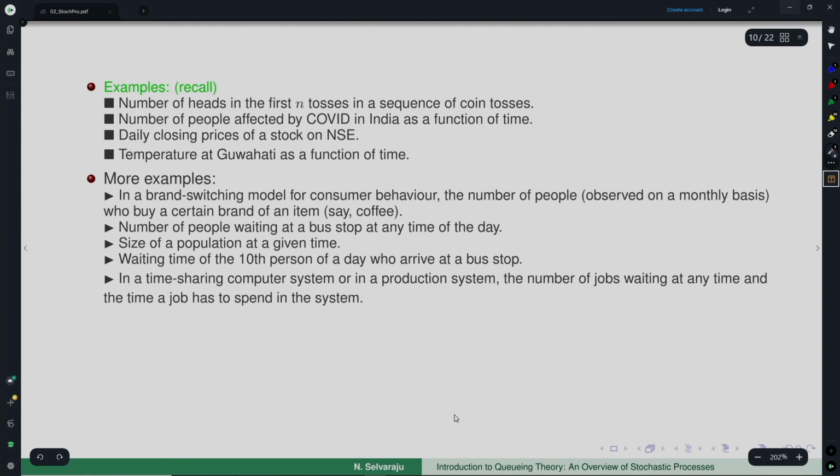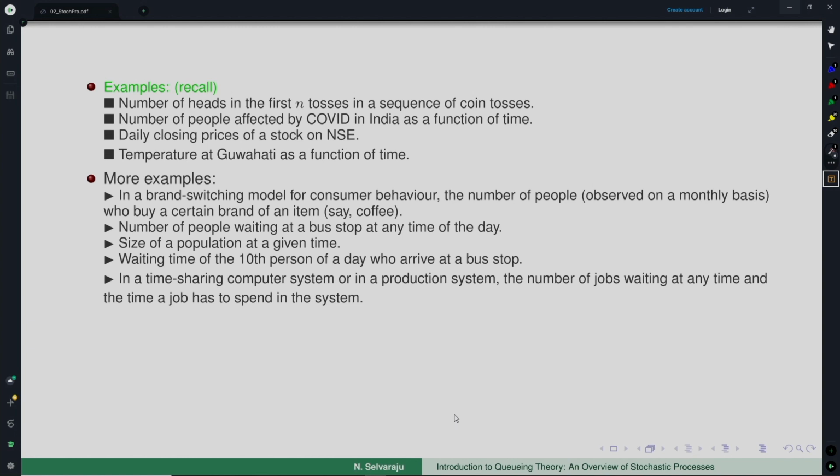You can see some more examples, like a brand switching model for consumer behavior, where you make a survey of the number of people whom you observe on a monthly basis who buy a certain brand of an item, say coffee. When you want to do market research, you would do this. So, the number of people on a monthly basis.